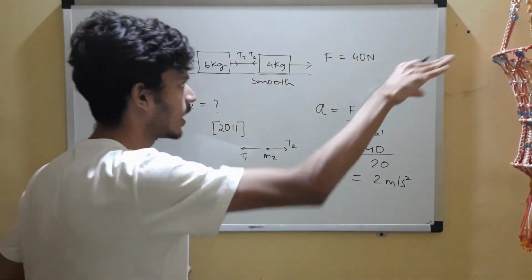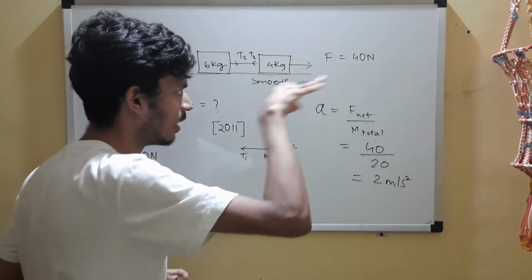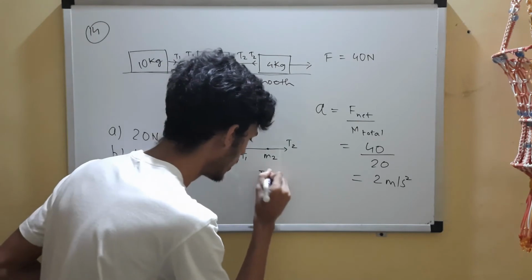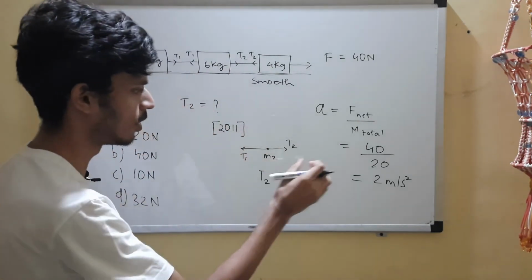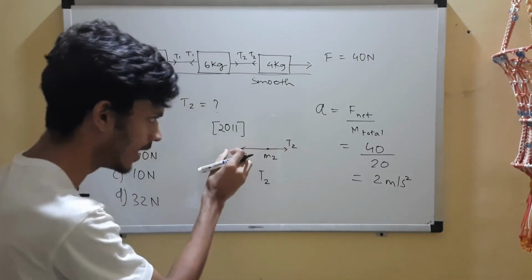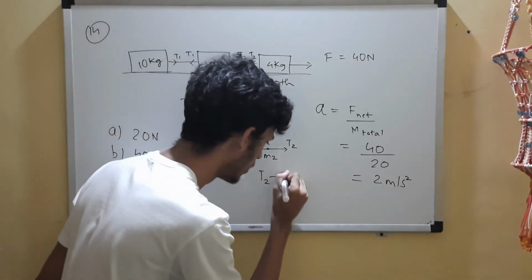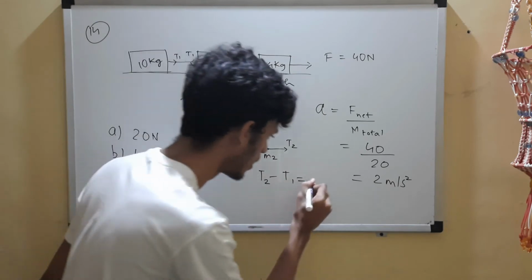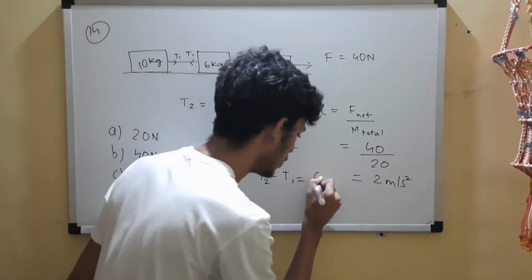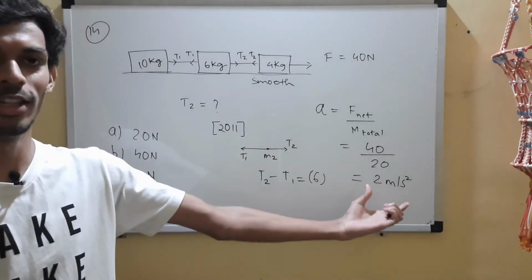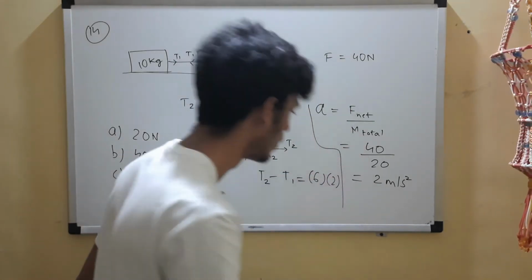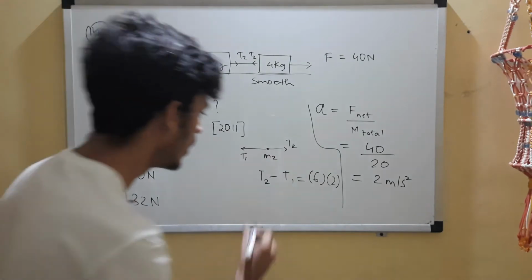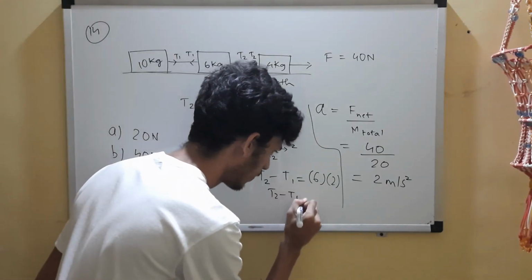It's moving in the direction of the force, so you can say that it's moving in the direction of T2. So net force is equal to mass into acceleration. So T2 minus T1 is equal to mass m2, which is 6, into acceleration. All 3 of them have the same acceleration. That is why we found the acceleration first. Okay, so T2 minus T1 will be 12.